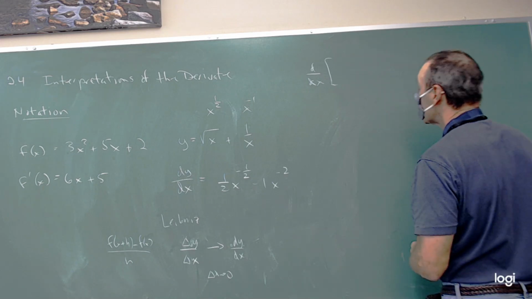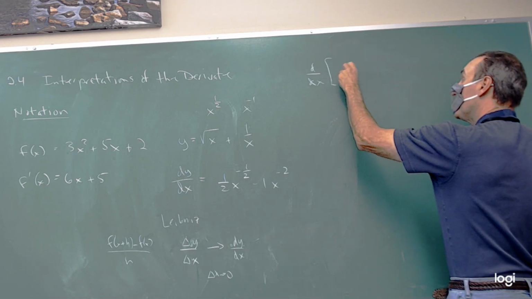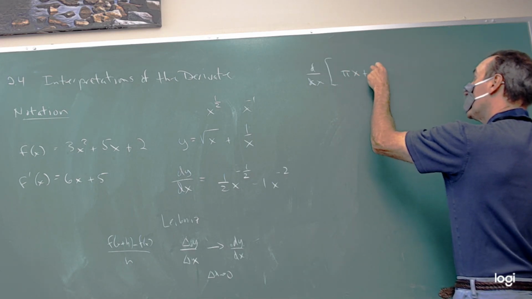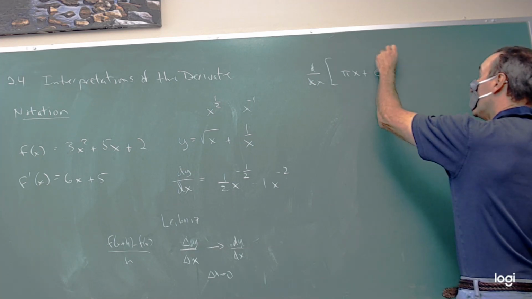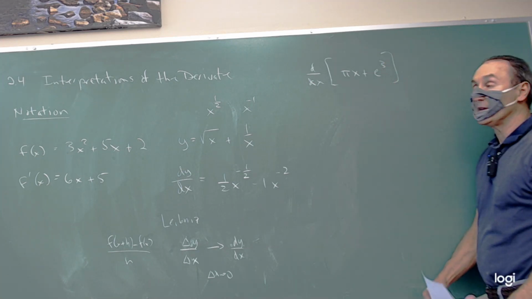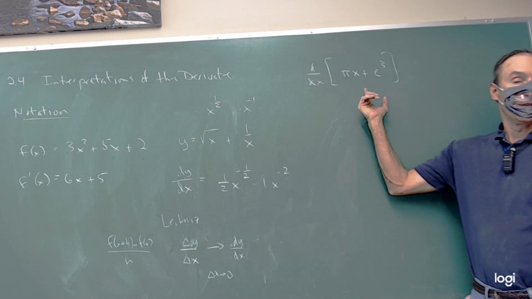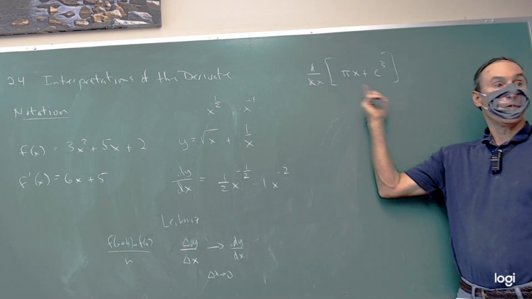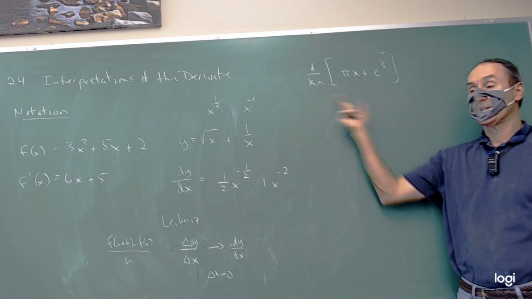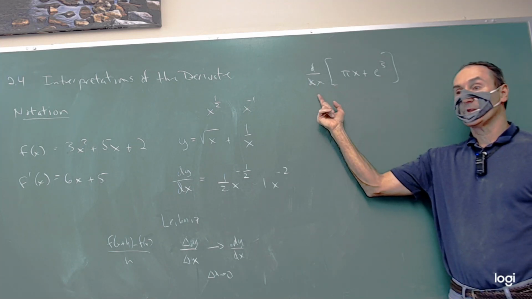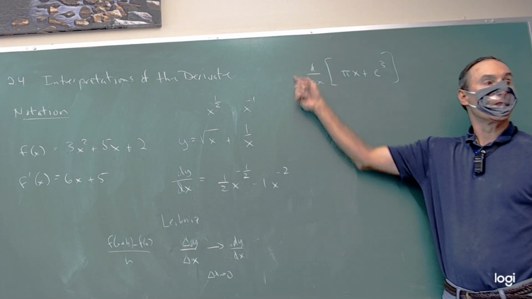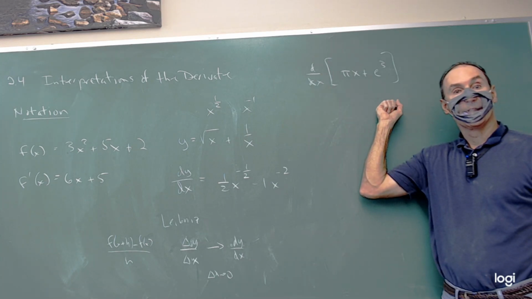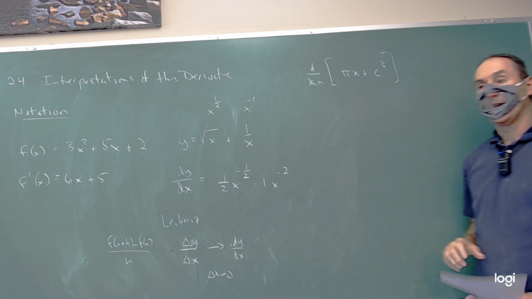So if we did something like maybe pi x plus e to the third, and we wanted to find its derivative, we could either write d dx of this, or differentiate this, or take the derivative of this. That's what that's implying, that you're going to do this operation of differentiating on whatever is inside that bracket.